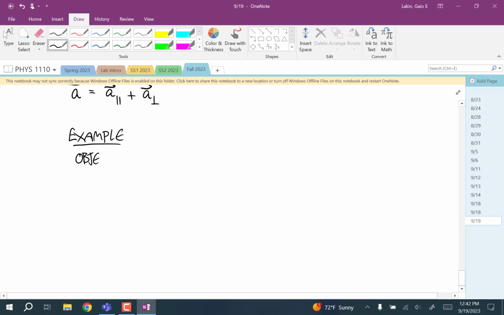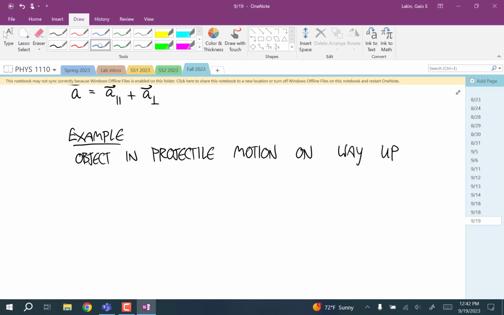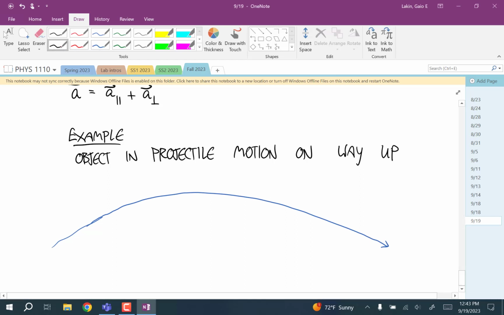So think of an object in projectile motion on the way up. So let's say that the object is traveling in a parabolic path like this, and the object is here.